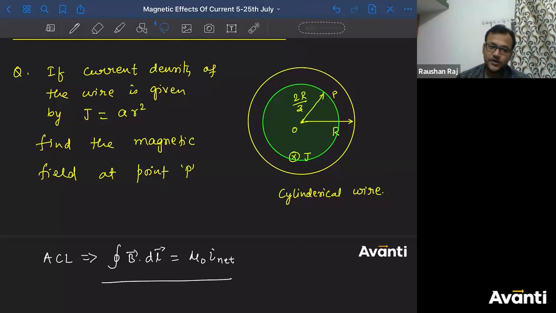Here density is not constant, so solve this carefully. The main thing here is you have to find the net current passing through that loop. If you get that value, you'll get the answer.